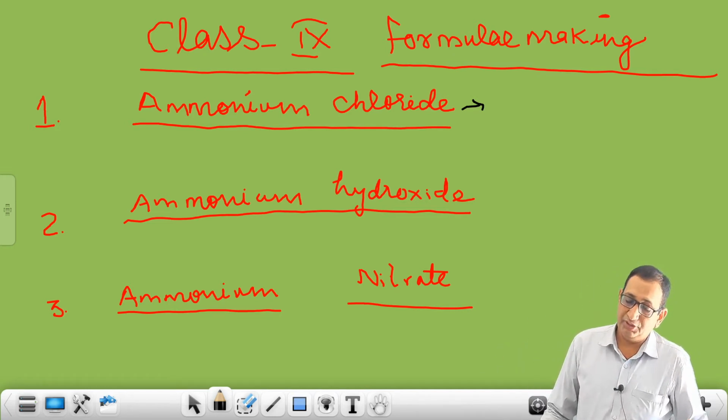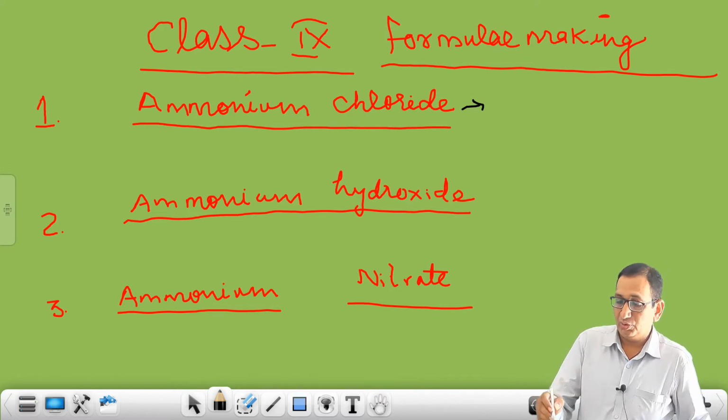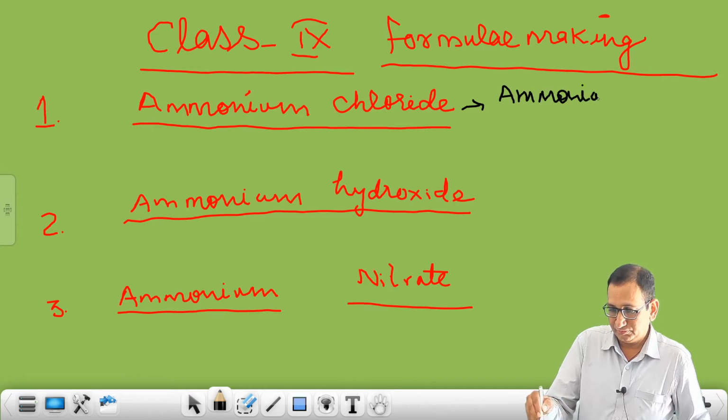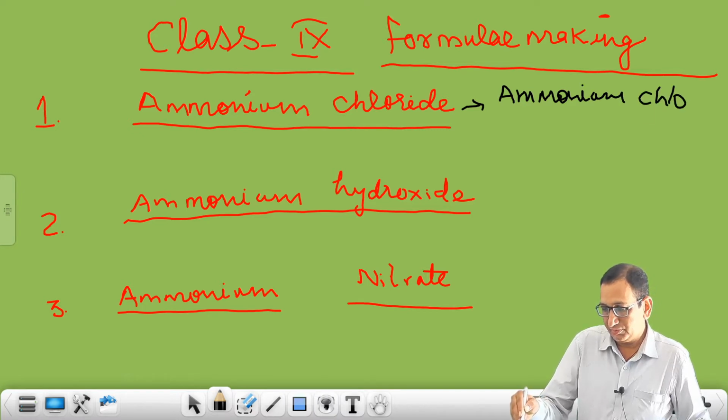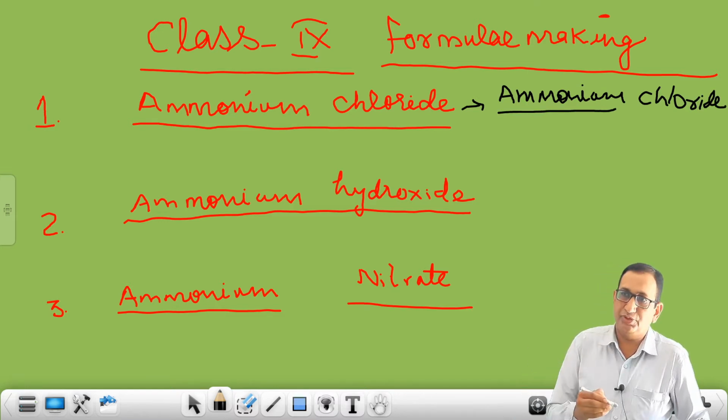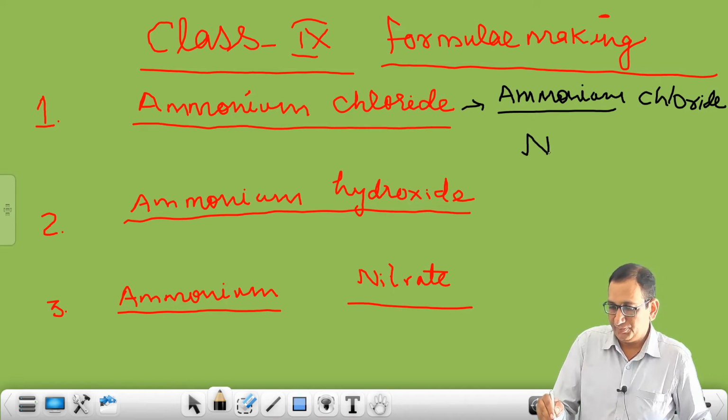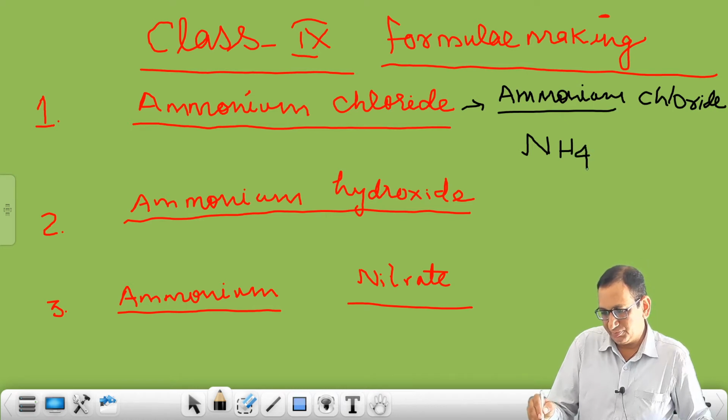For ammonium, first you write ammonium, and here you write chloride. The symbol for ammonium, that formula, group of atoms you can say, is NH4.